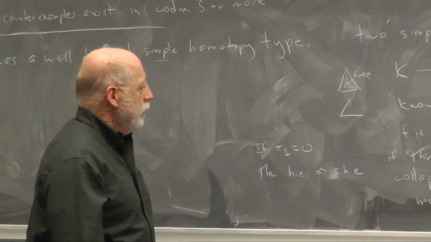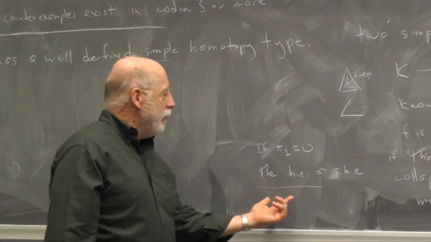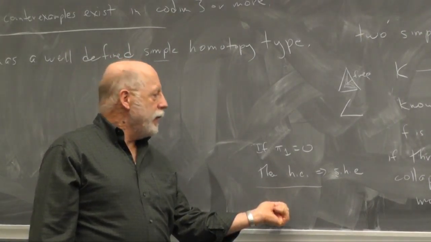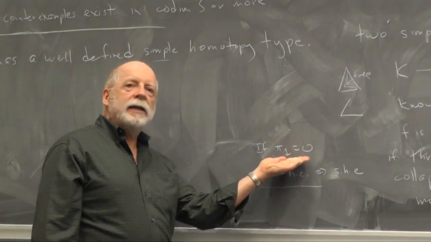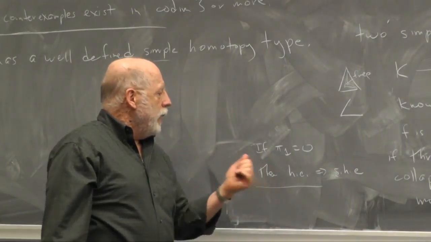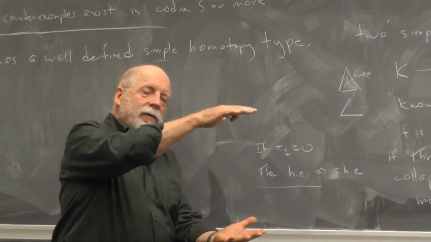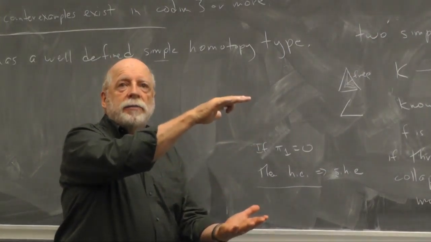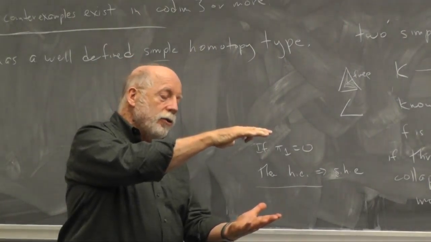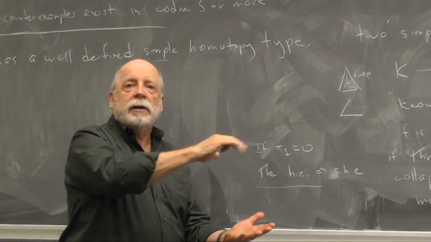There's lots to say here, but you've heard of the H-cobordism theorem and the S-cobordism theorem. For the H-cobordism theorem, that's in the simply connected case, and you assume this bordism is a product, homotopically. But if pi 1 is not 0, then there are cases of H-cobordisms where the manifolds are not simply connected and it's not a product; there's an obstruction. It's in the Whitehead torsion of the fundamental group. So you have to assume that this thing is a simple homotopy equivalence, and then it is a product.